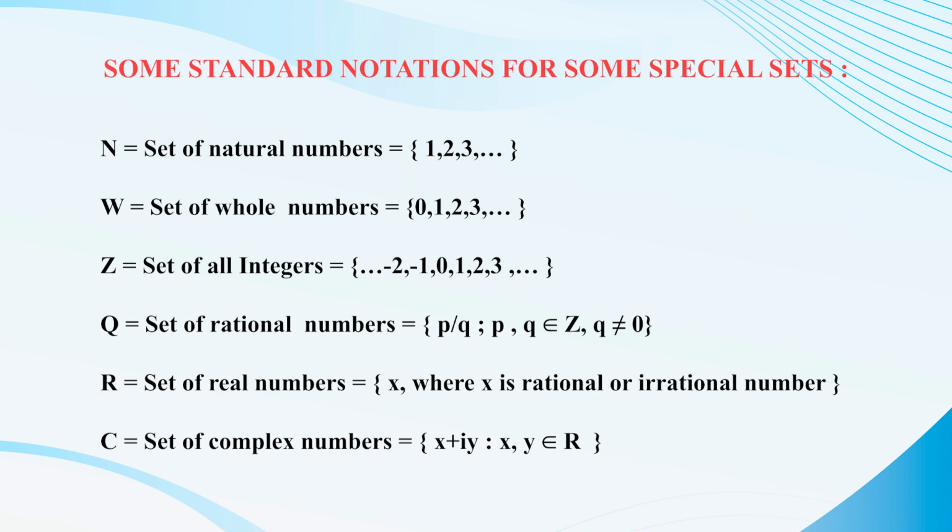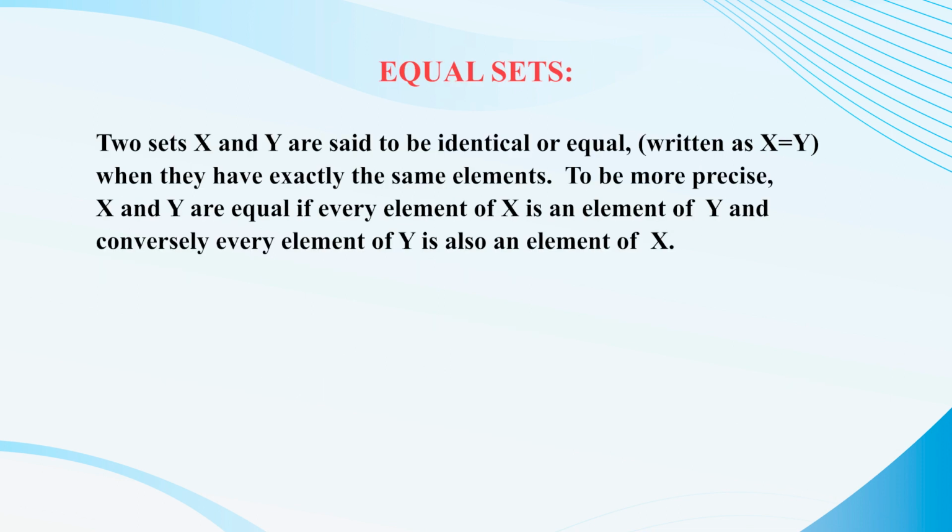Our next topic is equal sets. Two sets X and Y are said to be identical or equal, written as X is equal to Y, when they have exactly the same elements.